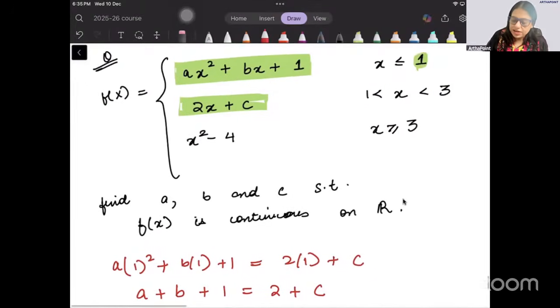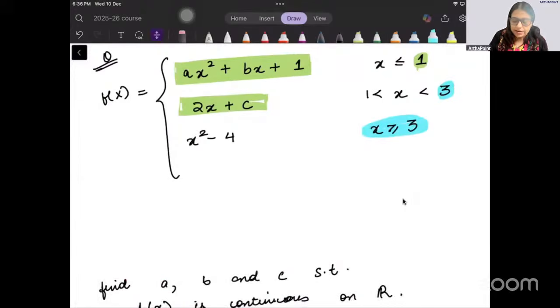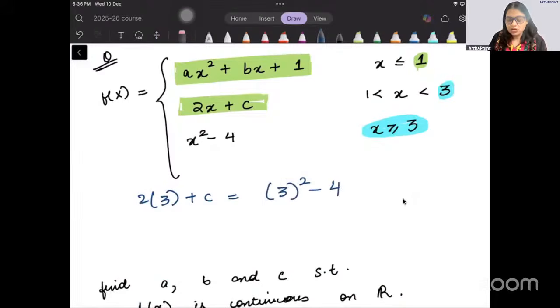Similarly, continuity at 3 means that I should get the same answer from the function, left hand and right hand limit. So when I plug 3 in this and this, I should get the same answer, right? So I get 3 into 2, 6 plus c equals 9 minus 4.